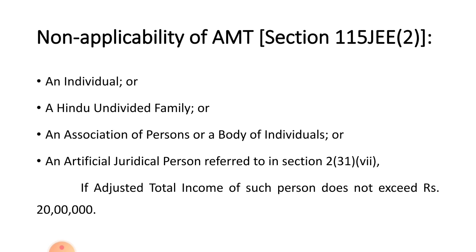These people need not pay the alternate minimum tax, provided the adjusted total income of such person does not exceed rupees 20 lakh. If their adjusted total income exceeds 20 lakh, they have to pay the alternate minimum tax. So, this is about the non-applicability of alternate minimum tax.